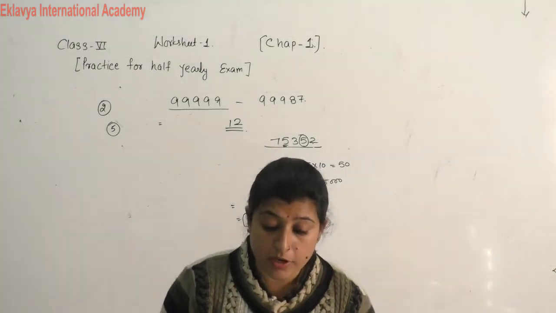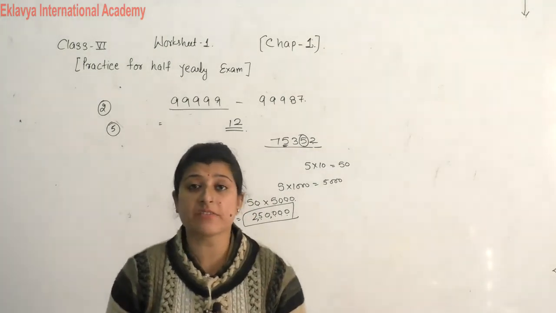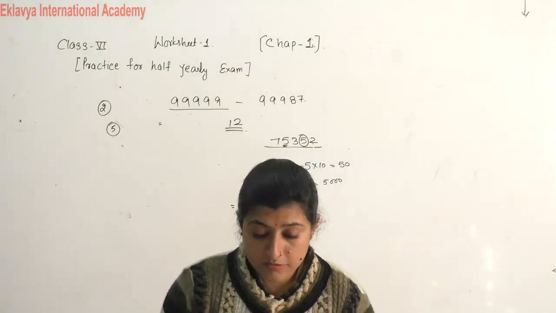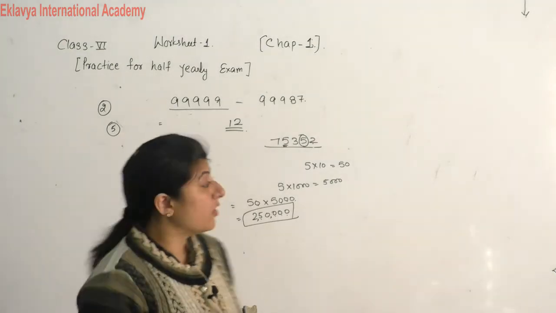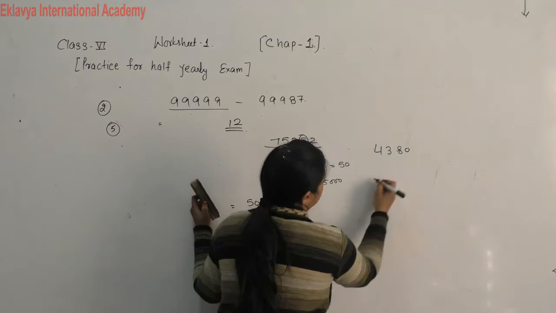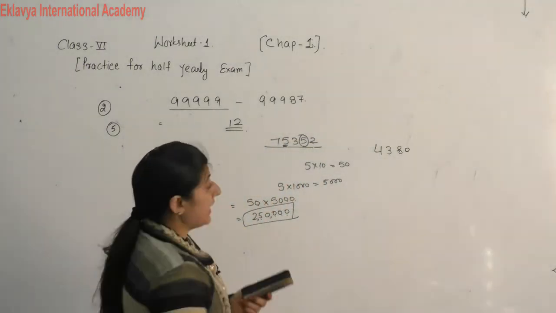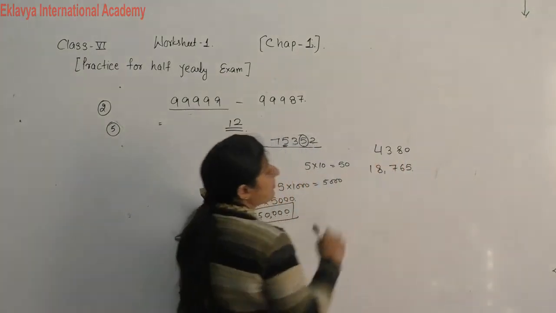Which of the following numbers is the smallest? Firstly write down all the numbers, then find out which one is the smallest. Question number 14. Find the estimated sum of 4,380 and 18,765.